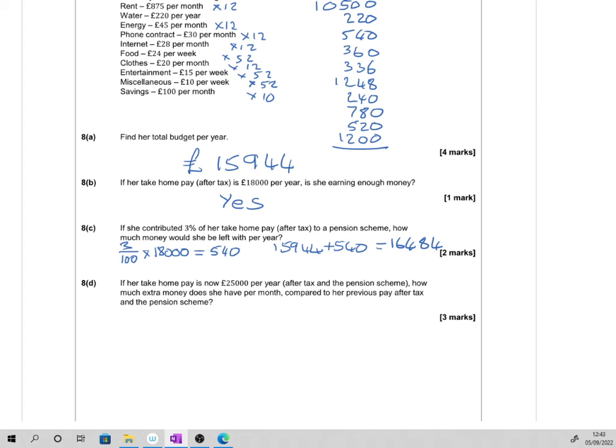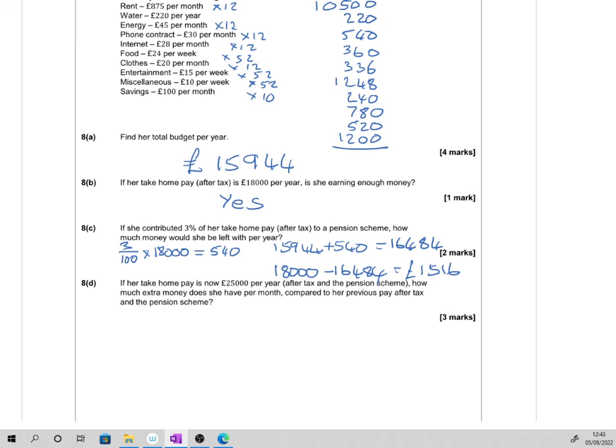And she's on £18,000. How much is she going to be left with? 18,000 minus 16,484 is 1,516.